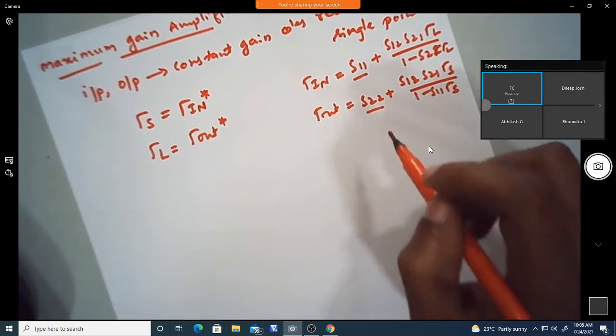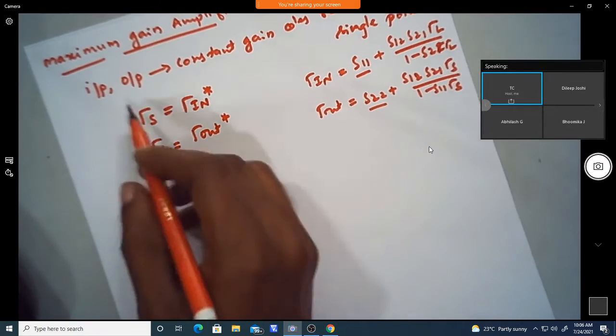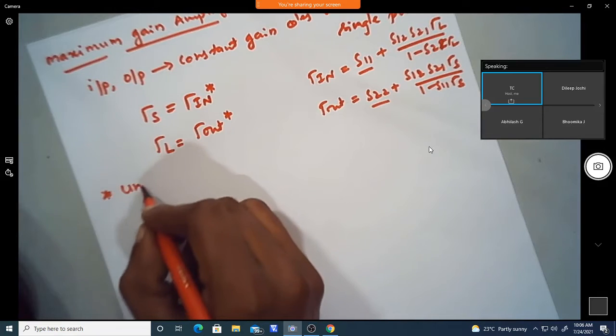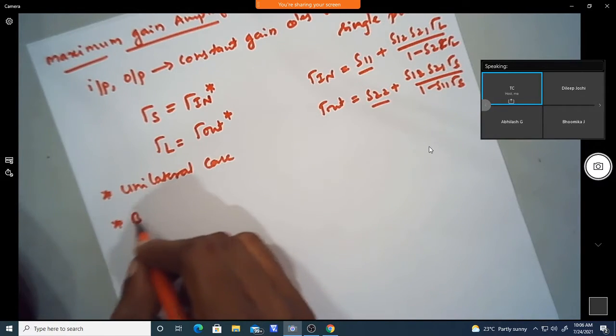For the single point, we need to look at the unilateral case and the bilateral case. So again we have two cases, the unilateral case and the bilateral case.